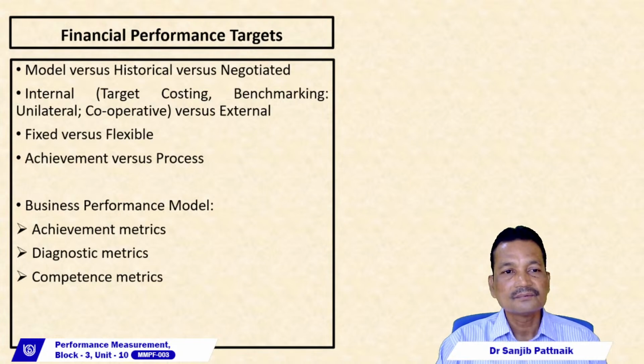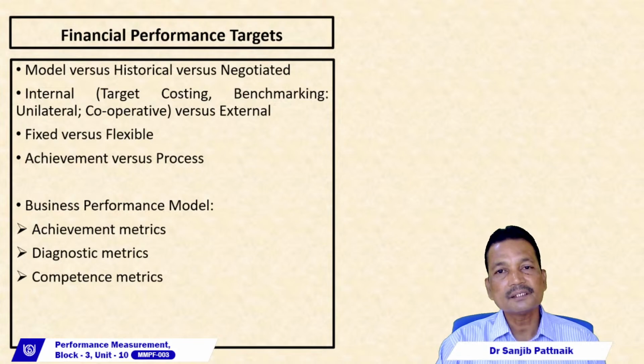Similarly, we can talk of the external performance targets. What we do there? We try to look at a similar industry, how they are setting their targets, what is their target.